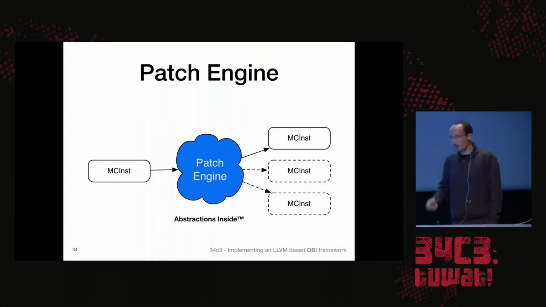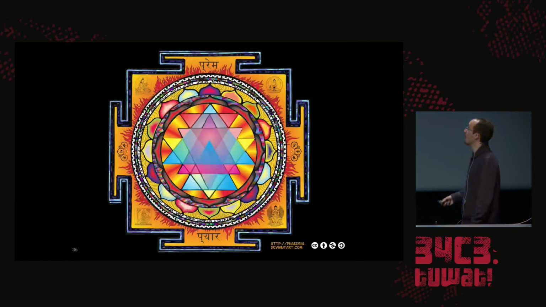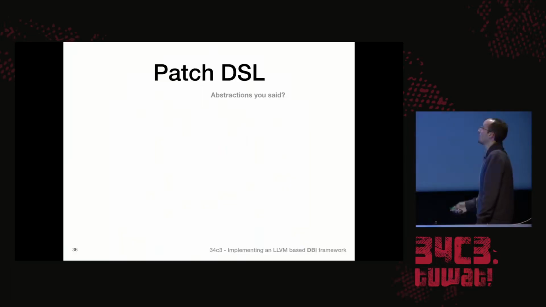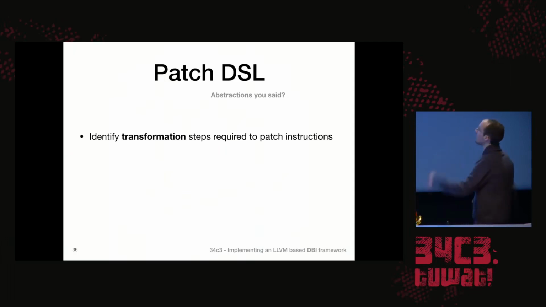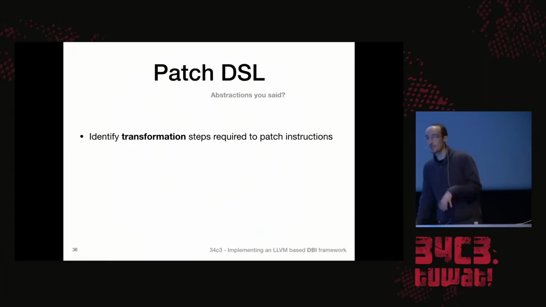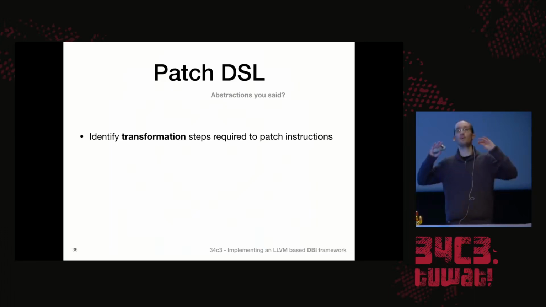And yeah, for this, basically, we had a vision, like some twisted vision. We said, okay, maybe we can identify the steps that are required to apply the transformation. So maybe you can say, okay, this patch is in fact just a series of transformations. Some of them are totally generic.